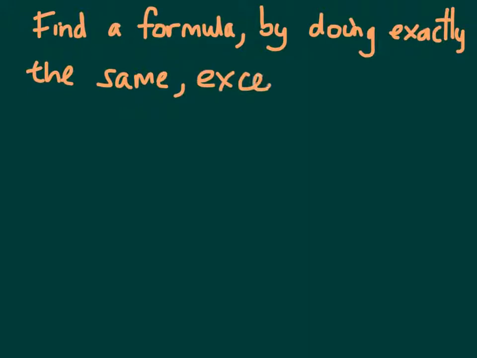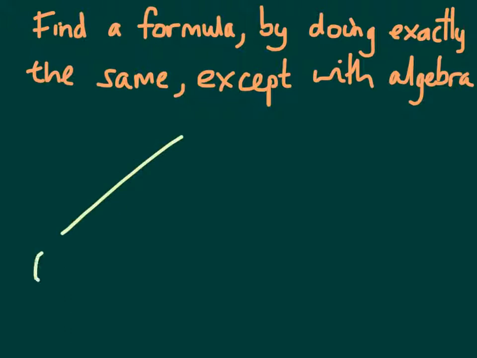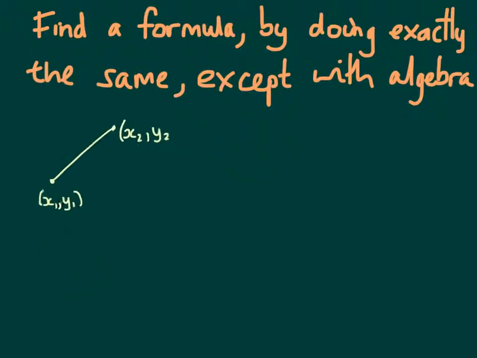If we do the same question but with letters, then we can plug in any numbers for those letters, and it makes finding the distance between 2 points a lot easier. Just like we did with the gradients, we call one point (x1, y1) and the other point (x2, y2), and then go through the process we did with Pythagoras' Theorem.